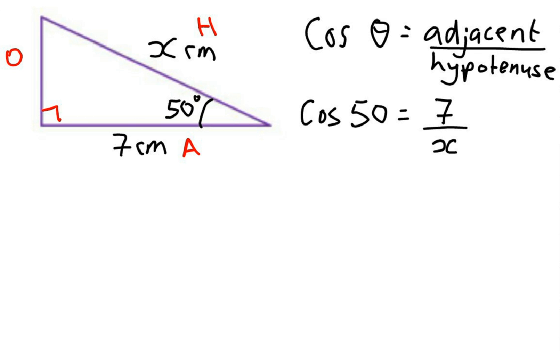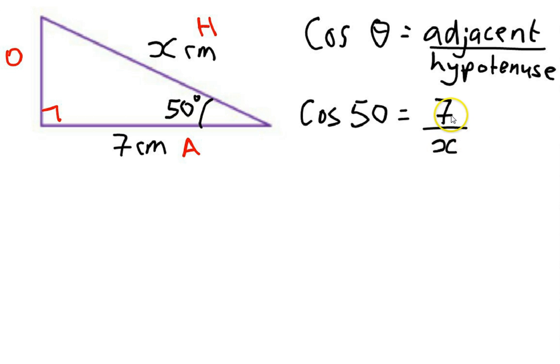Now what makes this question slightly more difficult is that in the previous example the x was the numerator in the fraction. This time it's the denominator, the bottom number. So to get rid of this x on the bottom, we need an extra step.